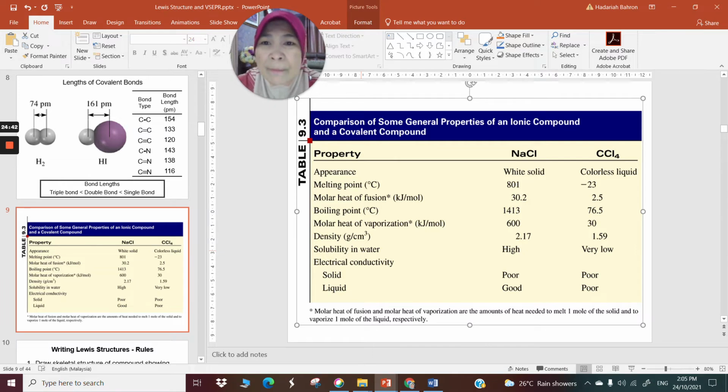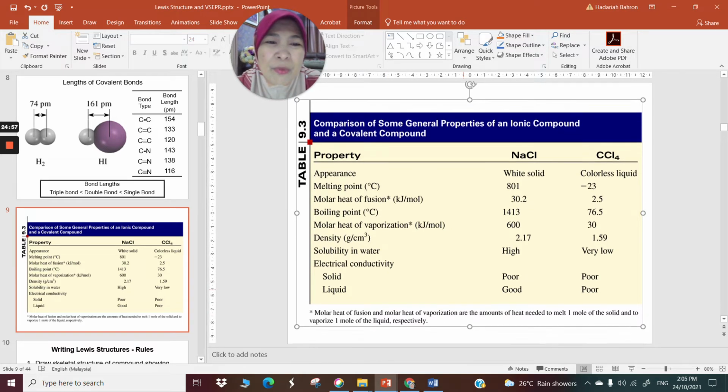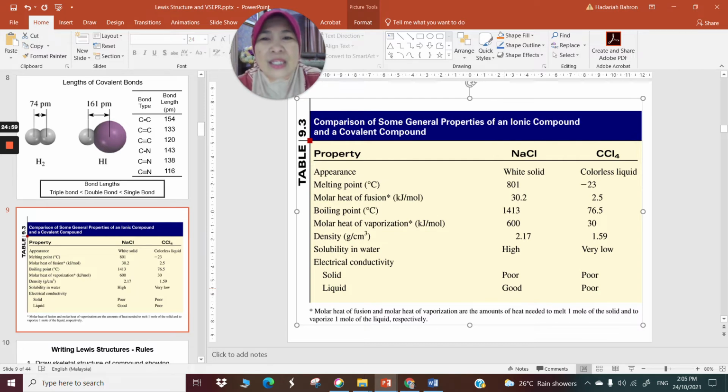How do we know? Because when we look at the difference in Pauling's electronegativity values, you find that the difference is quite high, but it is still less than 1.6. So water is a polar molecule, and ionic compounds will definitely be easily soluble in water, because polar solute, polar solvent, the solubility is going to be high.